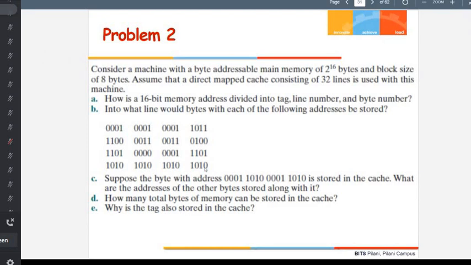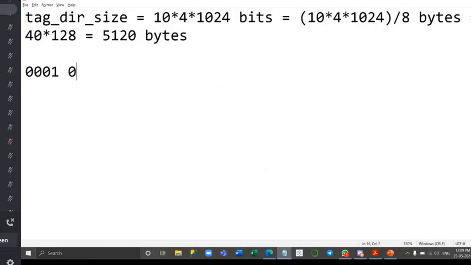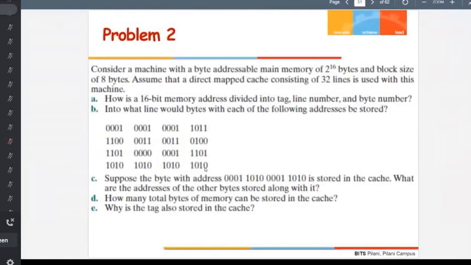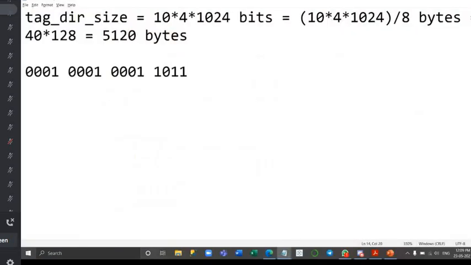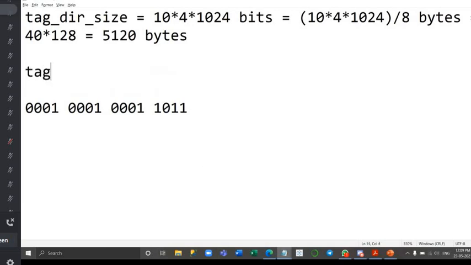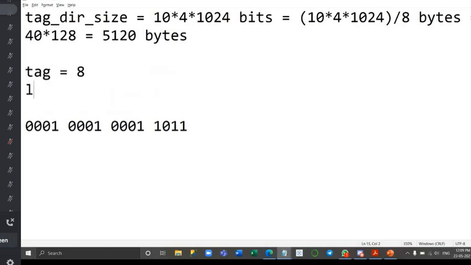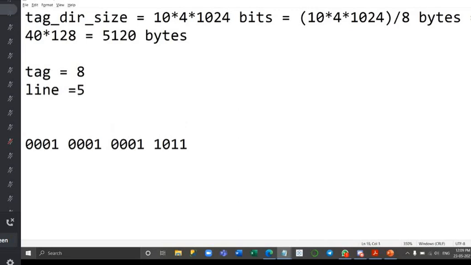The first address we have is 001, 001, and then 1011.